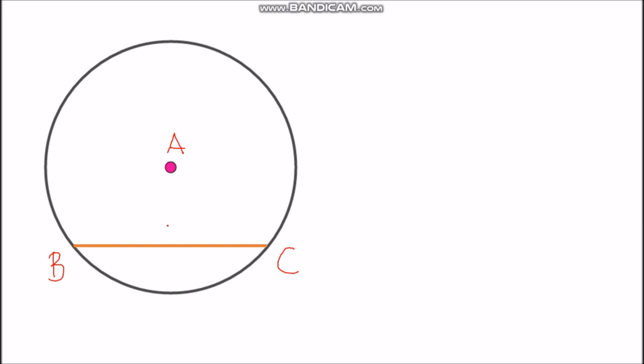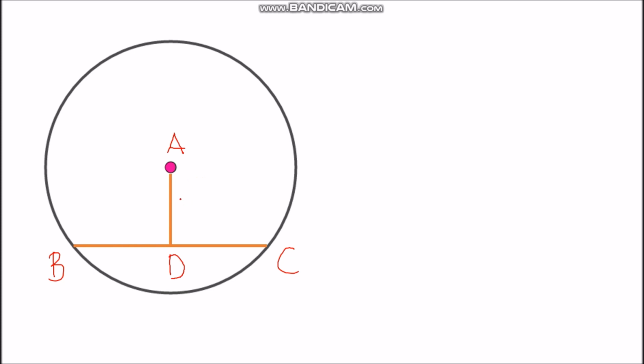Next, we know that the distance of the chord to the center is 7 centimeters. Now, to show that, we will draw a segment from the center going to the chord. So let's say we have here segment AD, coming from the center going to the chord.